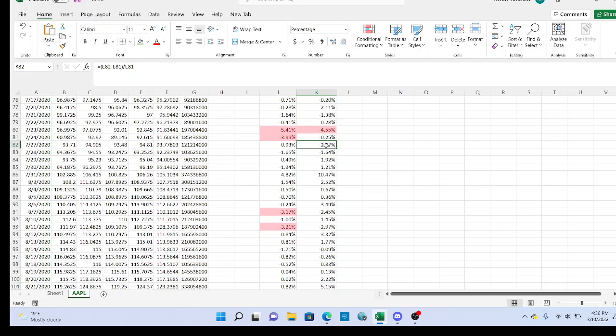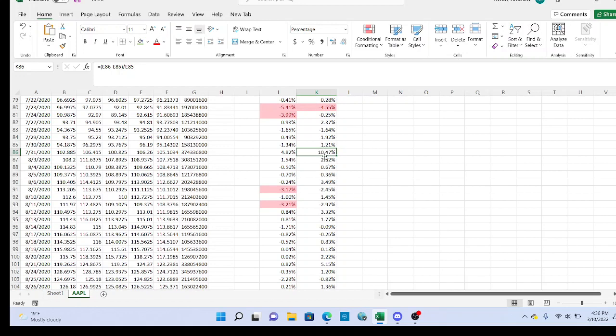And then if you miss that, then yeah, you'll see that negative 0.64% the next day, followed by this crazy move right here. Now you can see there's a 10% gain day. That's just crazy. That's insane.